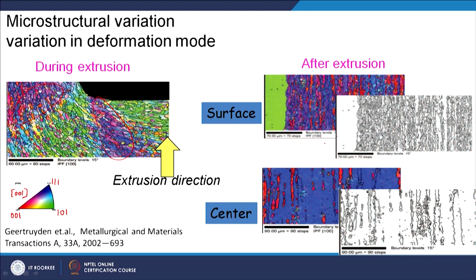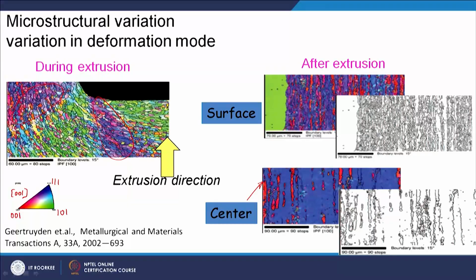Similarly, another very nice example of variation in the microstructure because of the variation in the strain in the extruded billet. This particular microstructure is at the center of the billet and this one is at the surface. In the center you have a different type of grains, only blue and red ones.